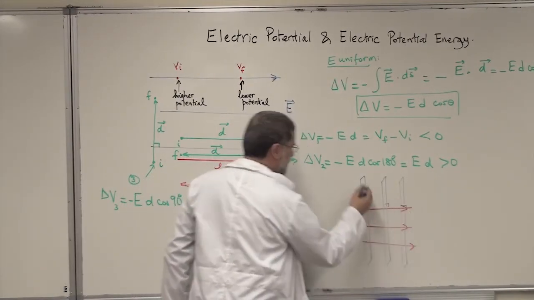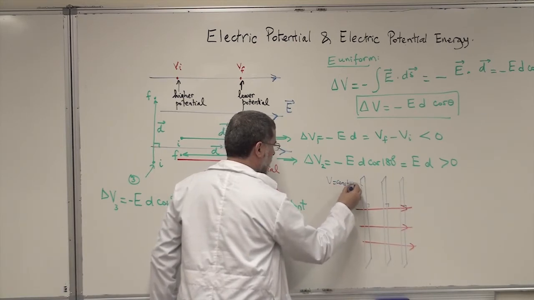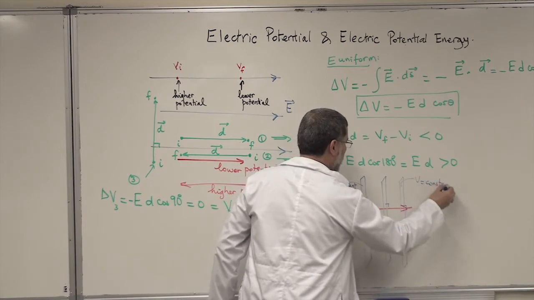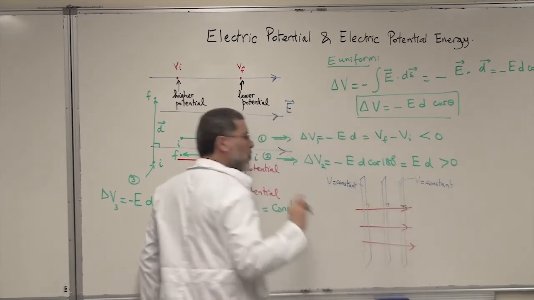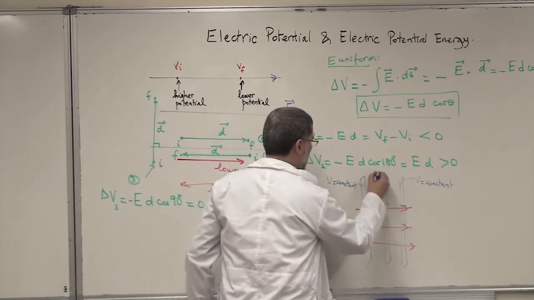They have the potential here, V is constant. Again, V here is constant. But the value of V here and V here are not the same, but V in this plane is constant, okay? V again here is what?